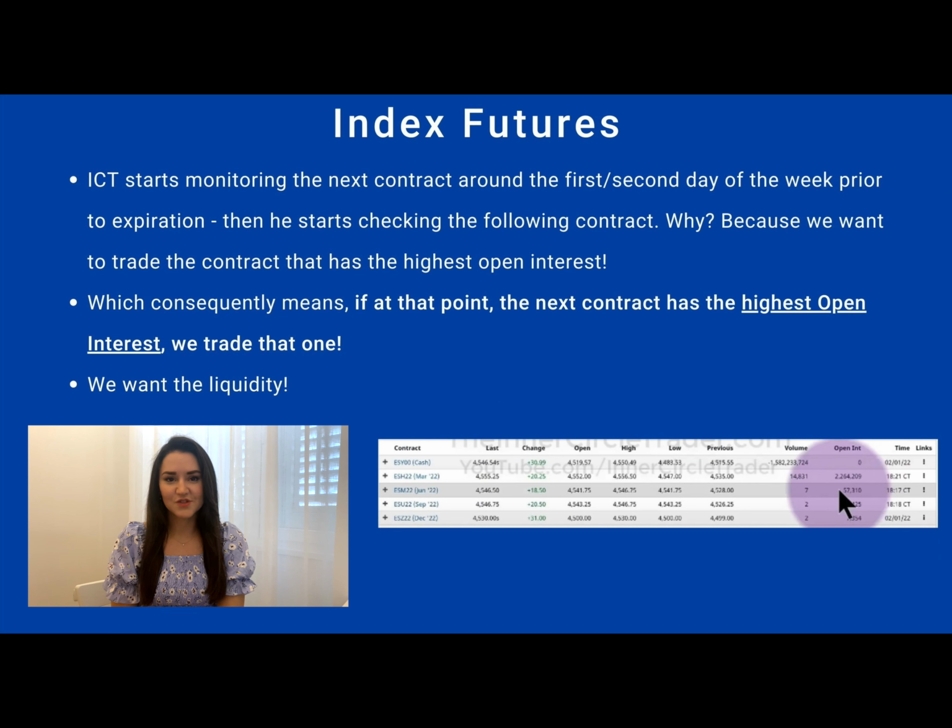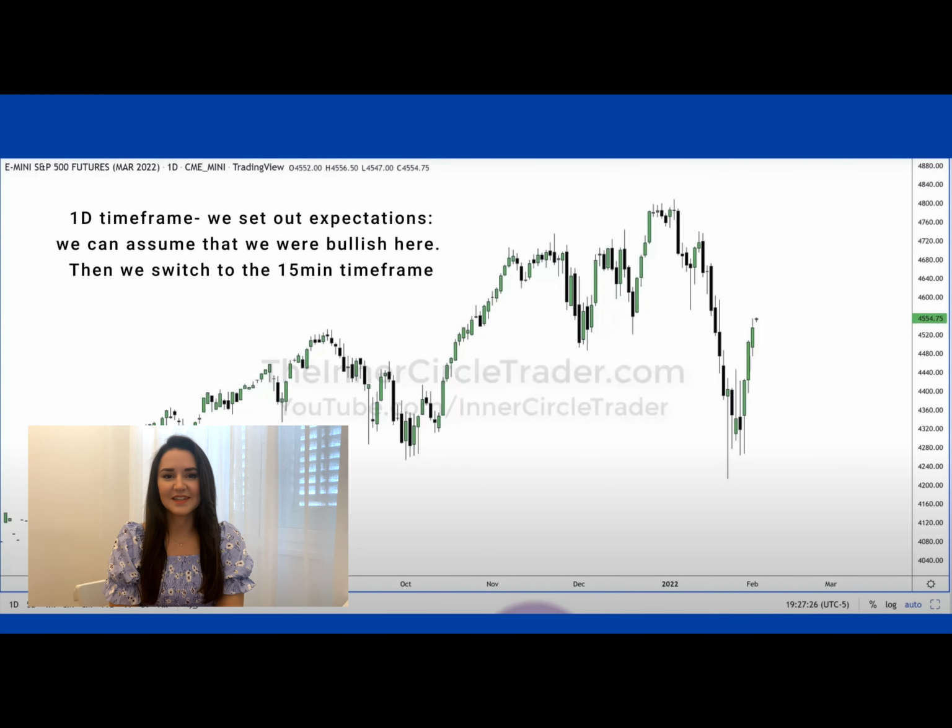Guys, we are interested in trading the contracts with the highest liquidity, which also means that in those months in which the contracts are expiring, which are March, June, September and December, we should always go on barchart and check that the open interest of the contract that we are trading is high or higher than those of the following months.